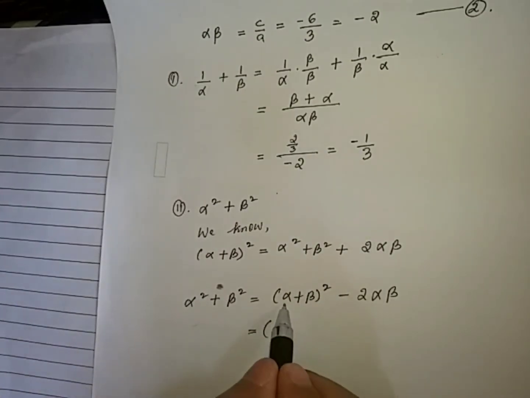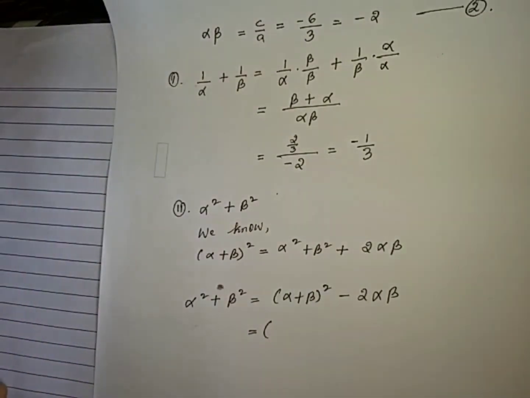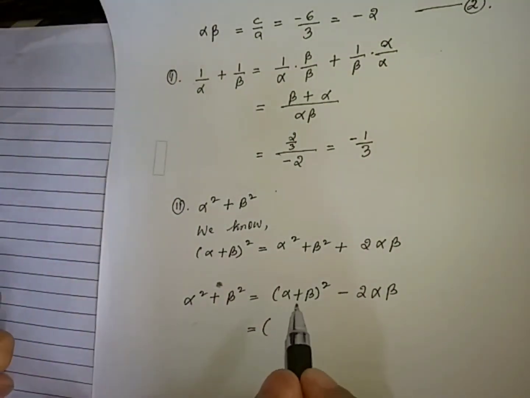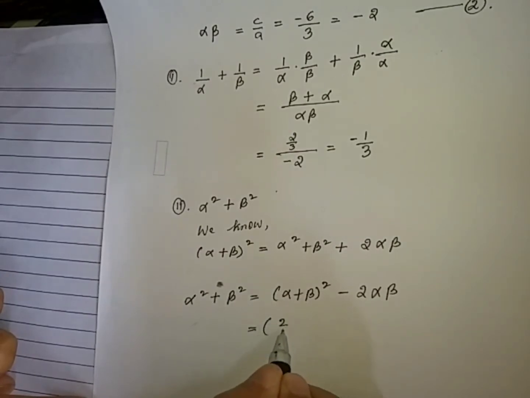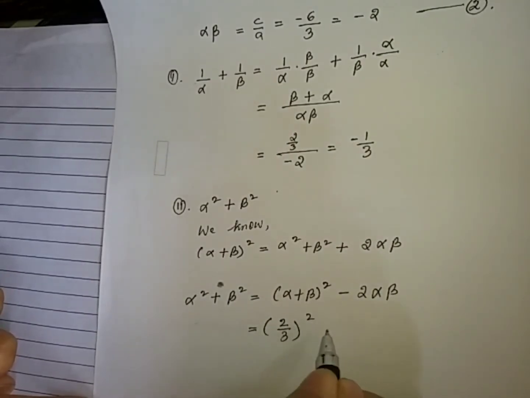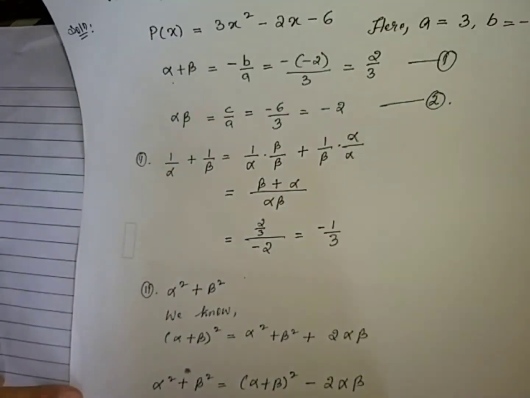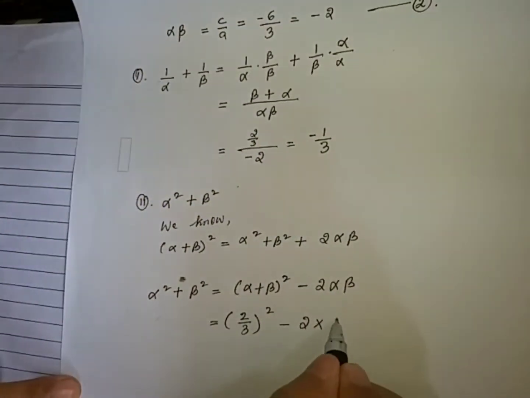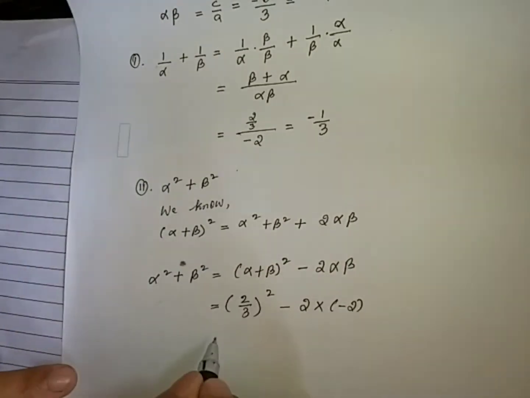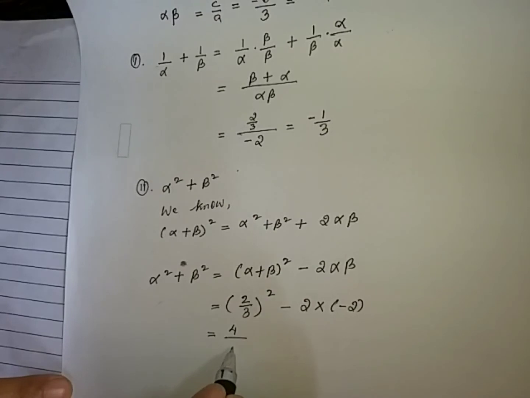Now substitute the value of alpha plus beta. 2 by 3 whole thing square minus 2 and alpha into beta is minus 2. Then it will be 2 square, which is 4, by 3 square, which is 9, minus into minus will be plus, 4.